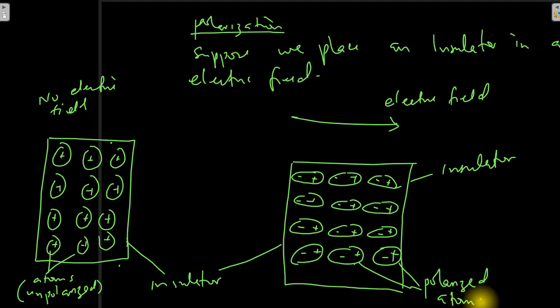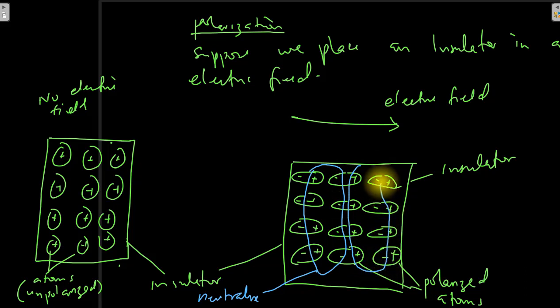Also, notice from this diagram that the positives and the negatives in this case are going to neutralize. Also here, the positives and the negatives here are going to neutralize.